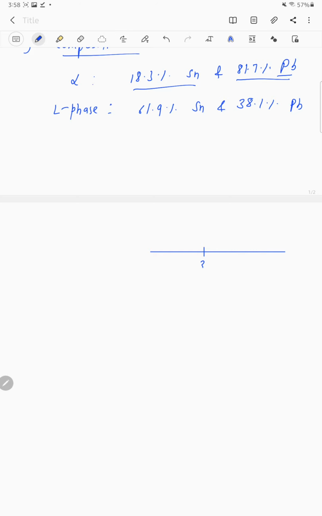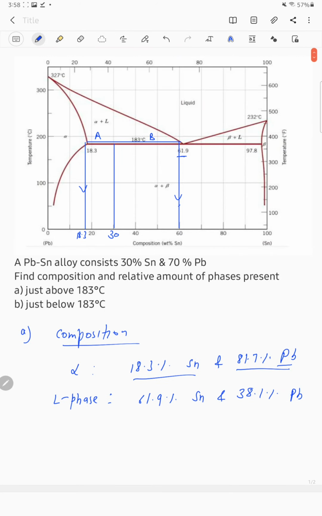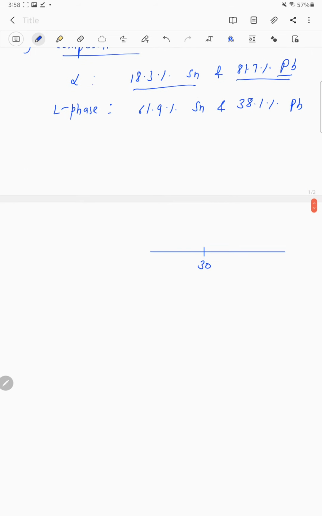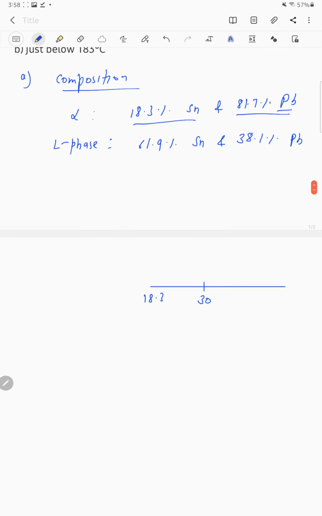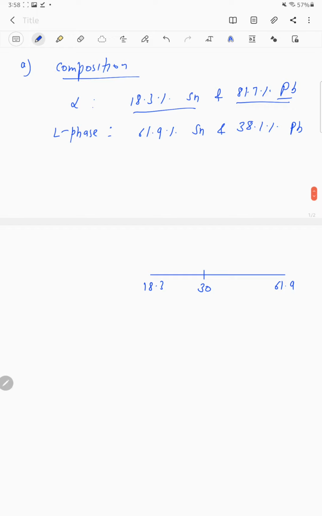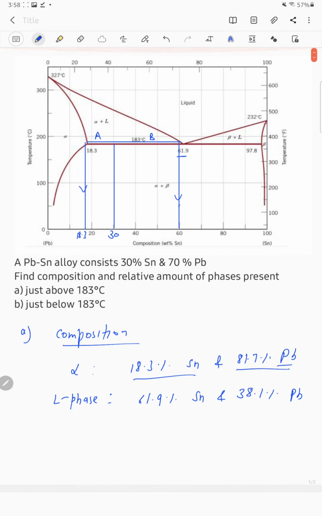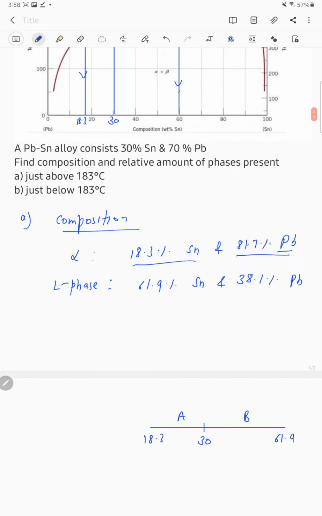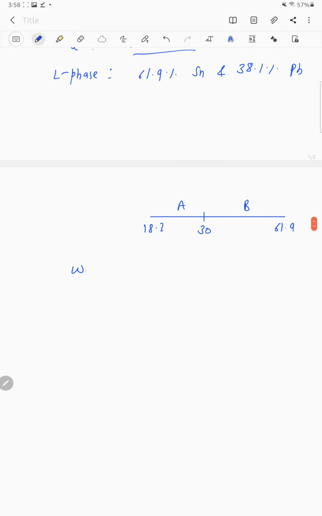This is the 30% line, because the given composition is 30%, and on the left side is the composition of alpha, 18.3, and on the right side the composition of liquid phase, 61.9. This part is A, this part is B. What will be the weight percentage of alpha? Alpha lies this side, so we take the opposite end of the lever, B. The weight of alpha will be B divided by total A plus B.